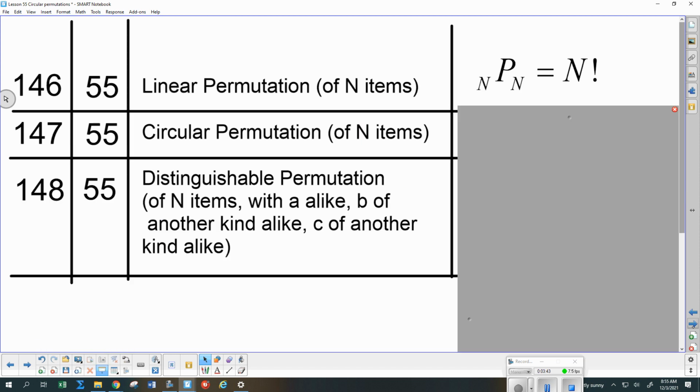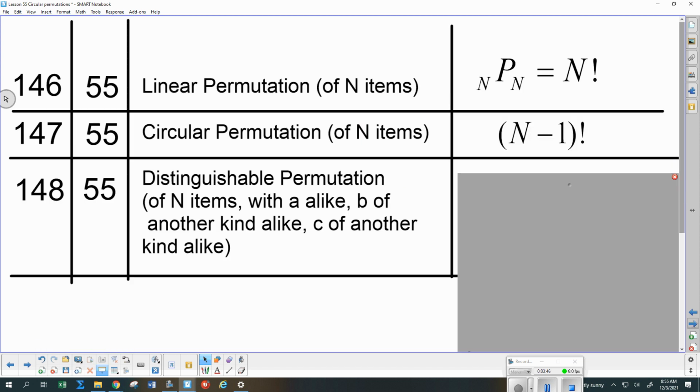So let's put this in your formula list. The first one is if you have n and you are putting all of them in a row, it's n factorial. If you have 12 people and you're only filling 3 chairs, then it's not 12 factorial, it's 12, 11, 10.